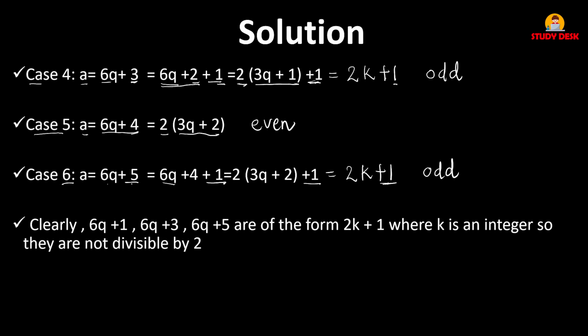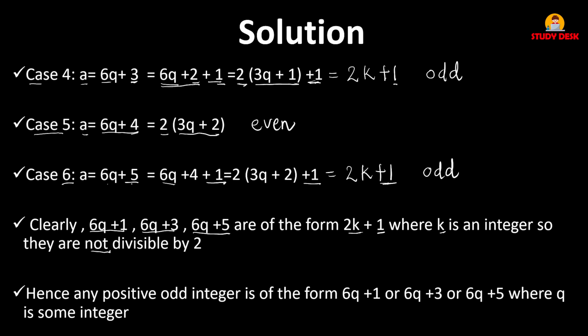So clearly we can see that 6q plus 1, 6q plus 3 and 6q plus 5 are of the form twice of k plus 1, where k is an integer. So they are actually not divisible by 2 and hence any positive odd integer is of the form 6q plus 1 or 6q plus 3 or 6q plus 5, where q is some integer.